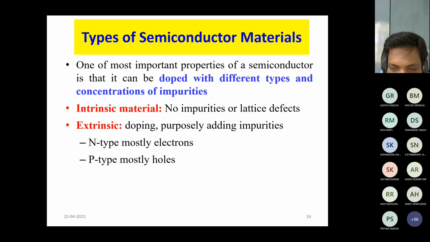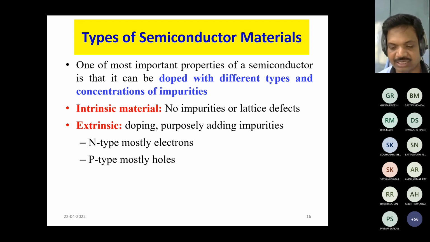The process of adding some other material to the intrinsic material is known as doping. Depending on the types of materials we dope into the intrinsic material, it provides different charge carriers to conduct the current, and based on that we have N-type semiconductor and P-type semiconductor, right?